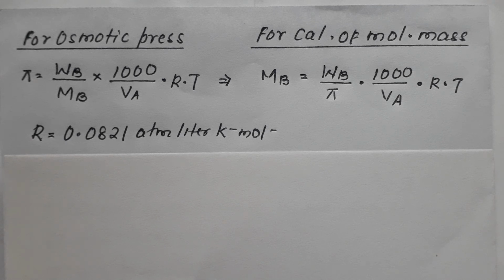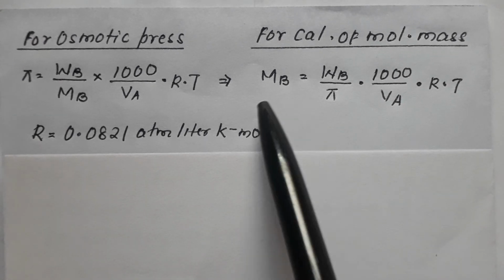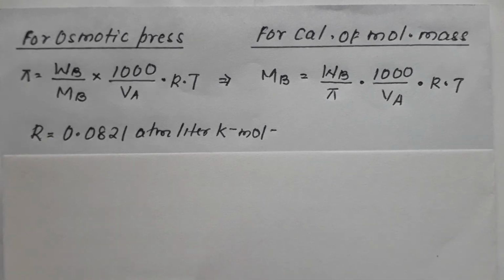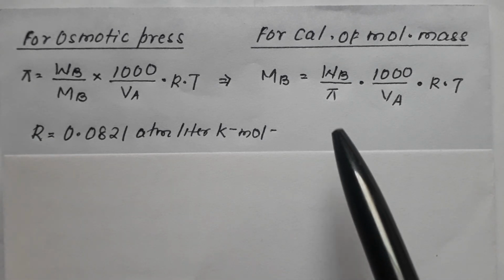We'll discuss the Van't Hoff factor in the videos to follow, and then we will utilize it here, after discussing what the Van't Hoff factor is and what it means.